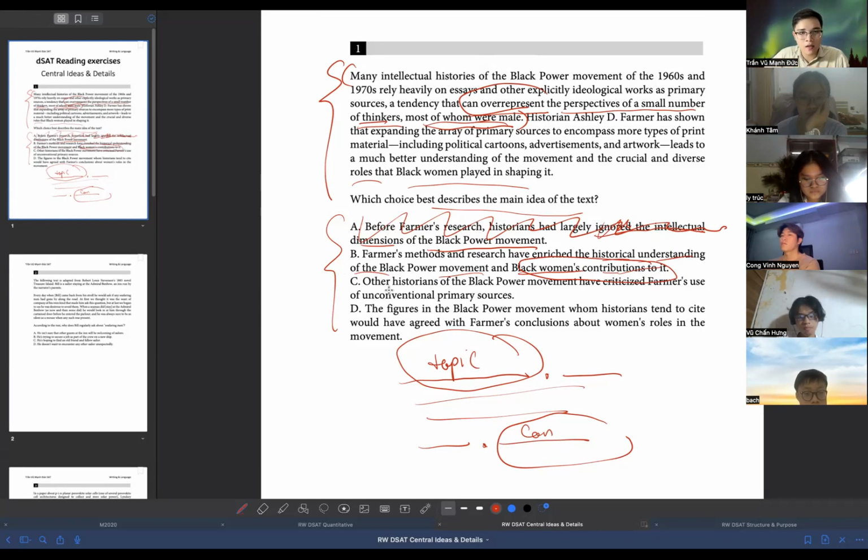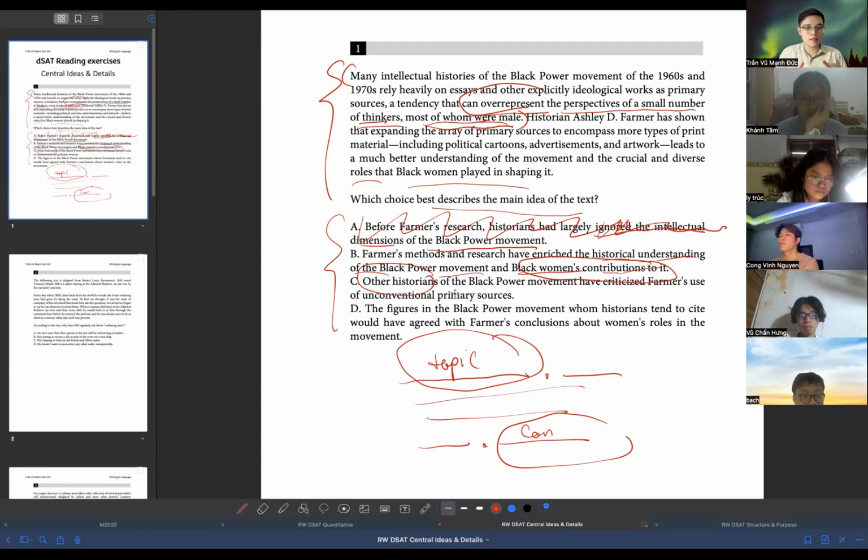Let's see C. Other historians of the Black Power movement have criticized Farmer's use of unconventional primary sources. So the main scope of the paragraph, does it talk about other historians? No, it doesn't. It's talking about the overrepresentation, the general knowledge.